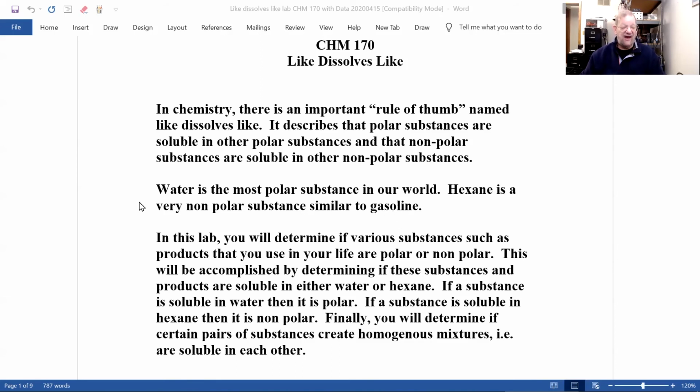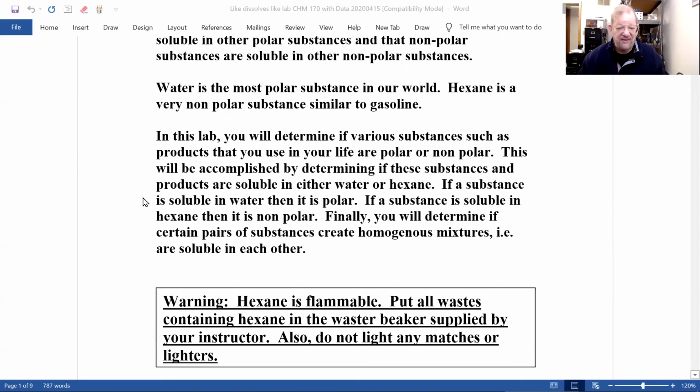And in today's lab, you'll determine if various substances are polar or nonpolar. And these are things you use in your daily life. This will be accomplished by determining if these substances and products, or whatever you mix together, are soluble in either water or hexane or maybe both, because it's a rule of thumb, not a law.